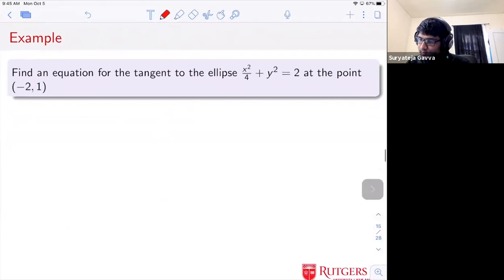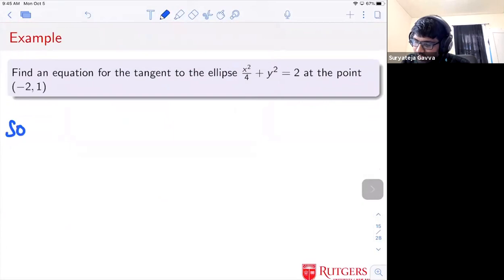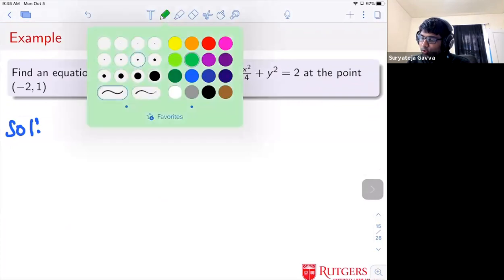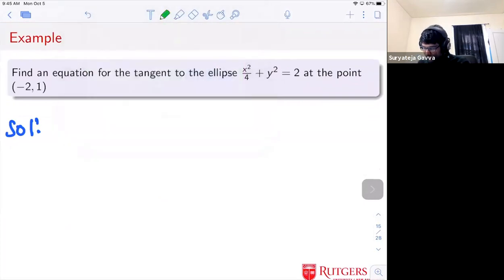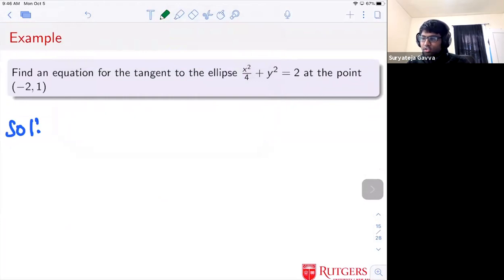So let's see. The question is, there's this curve x squared over 4 plus y squared equals 2, and you want to find the equation of the tangent line. Can you guys tell me how to do that? Yeah, so let's do that.